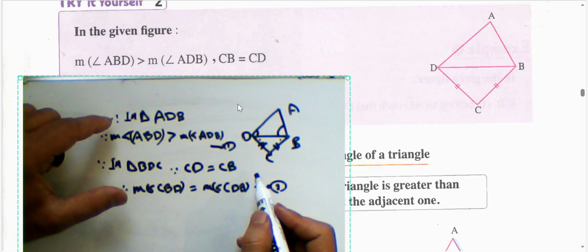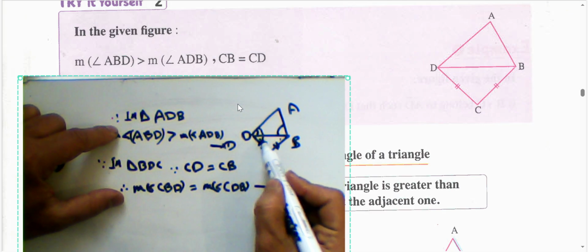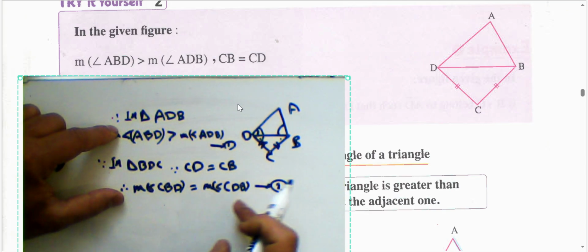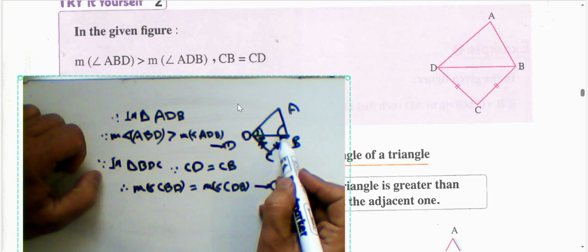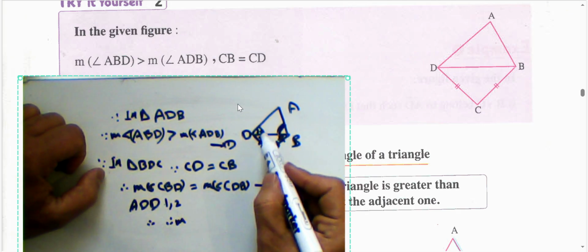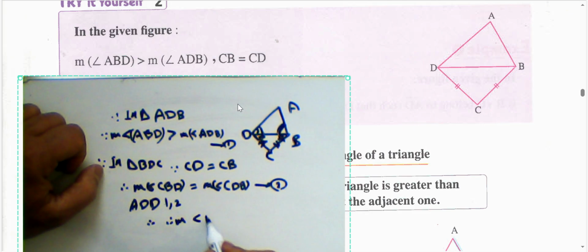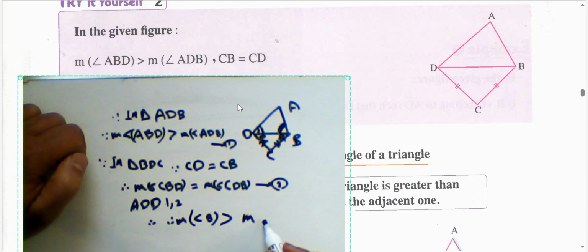By adding relation 1 with 2, if we add CPD here with this angle CDB and CBD here, then adding relations 1 and 2, the measure of angle B will be greater than the measure of angle D.